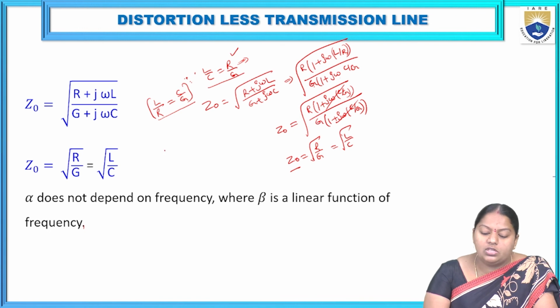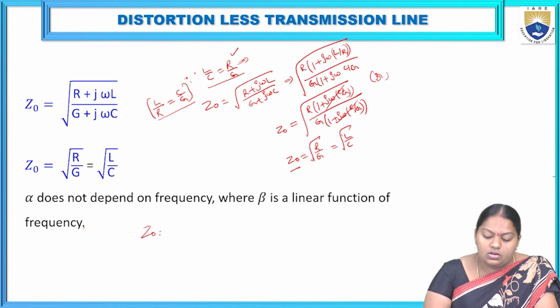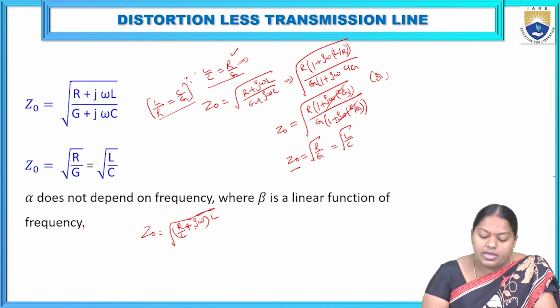Then according to the condition L by C equal to R by G, how are we going to evaluate this one? Z0 is equal to root of (R plus j omega L) by (G plus j omega C). If you take L as common in the numerator, we get R by L plus j omega, and in the denominator, if you take C as common, we get G by C plus j omega.